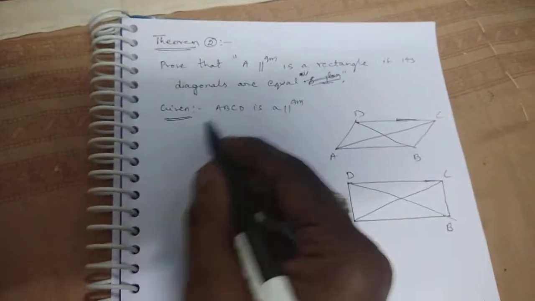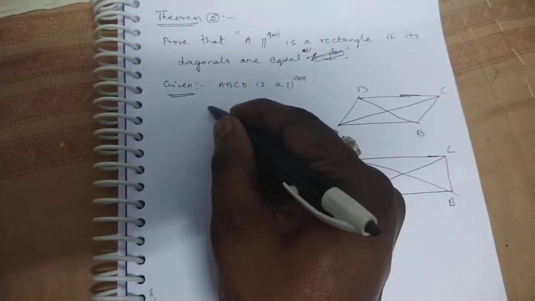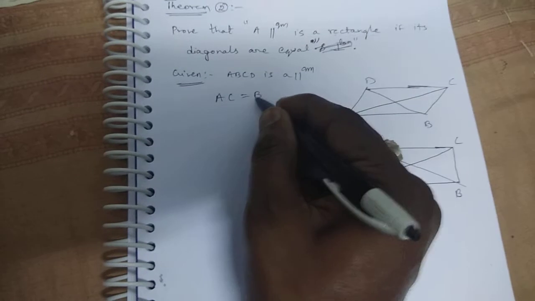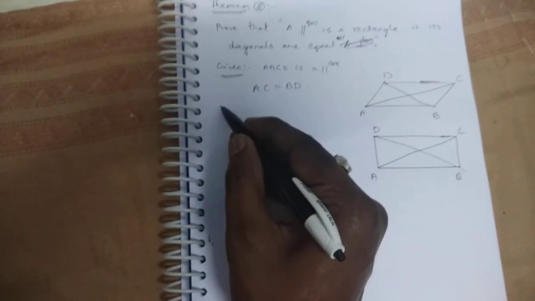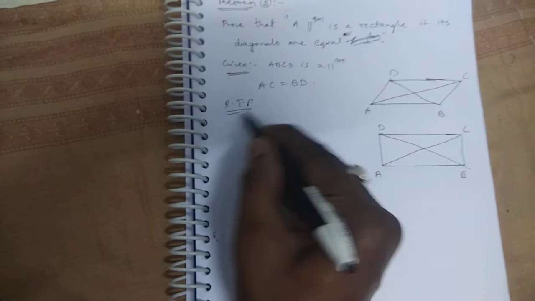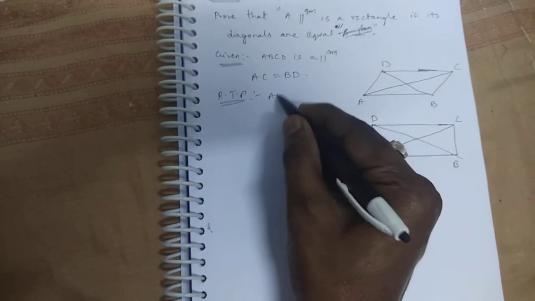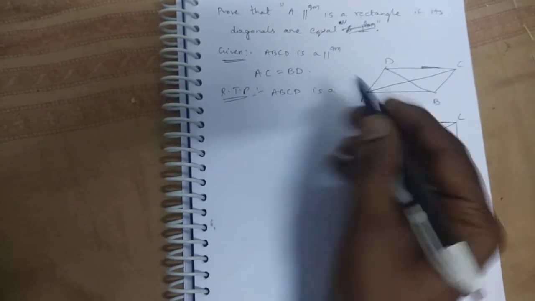Given, ABCD is a parallelogram and AC is equal to BD. That means diagonals are equal. To prove: ABCD is a rectangle.